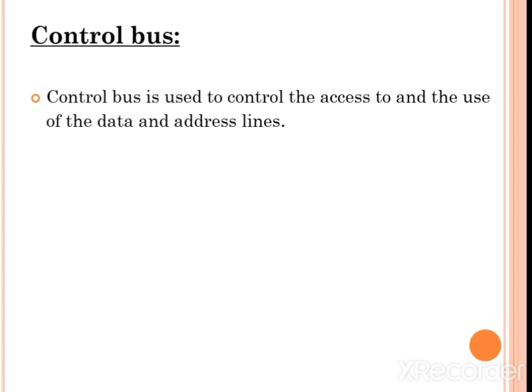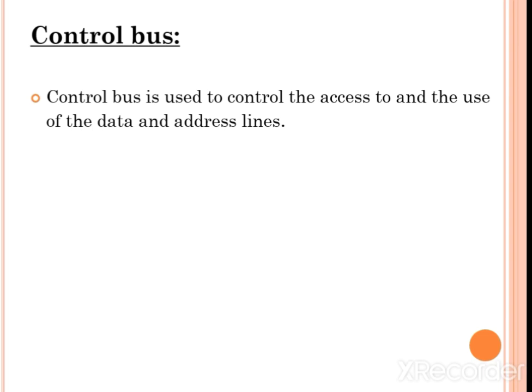After the CPU, the data is stored in the memory unit, and then from the memory unit you get the results through the output unit. So all these activities are under the control of the control bus.